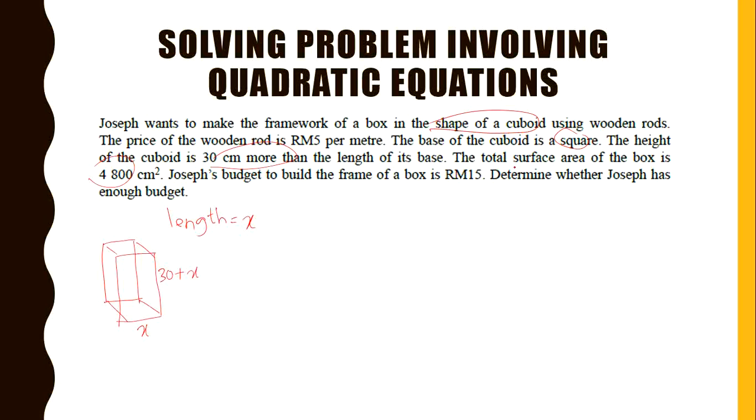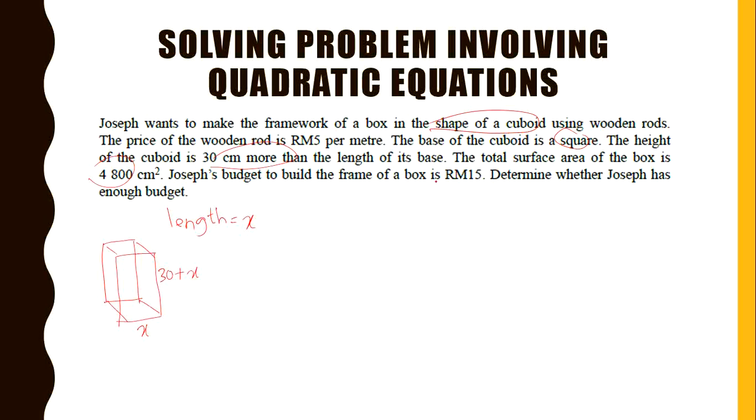Okay, the total surface area of the box is 4,800. Determine whether Joseph has enough budget. Okay, so dia nak buat framework kan, maksudnya dia nak buat kat sini ni. Keliling-keliling ni guna wooden rod. So kita tahu satu meter wooden rod ni RM5.